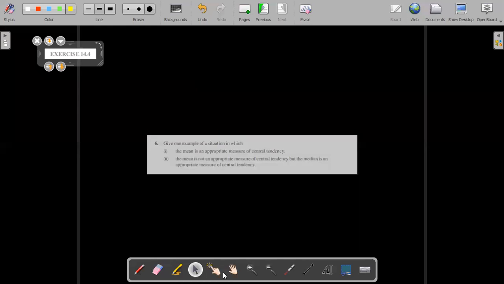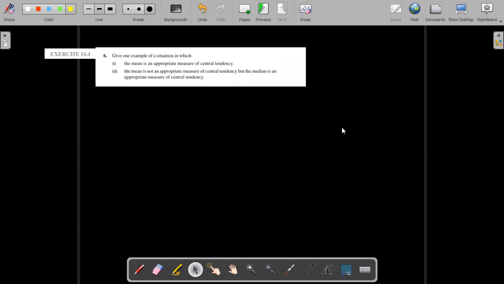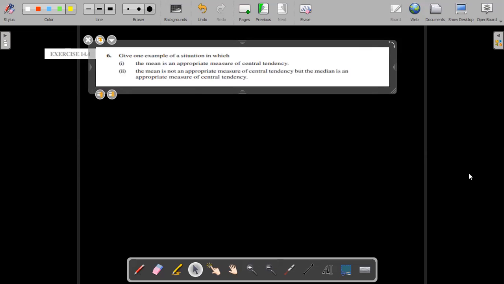Although we have to do many extra questions to understand better. We have to write examples where the mean is an appropriate measure.